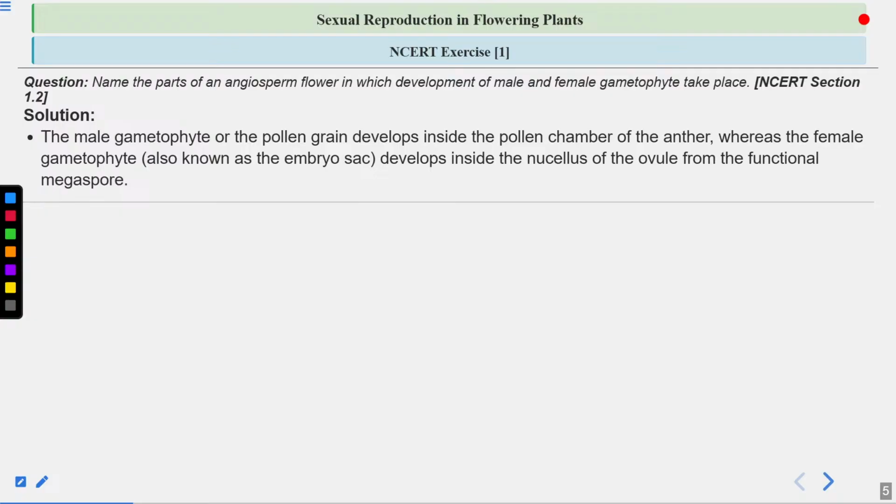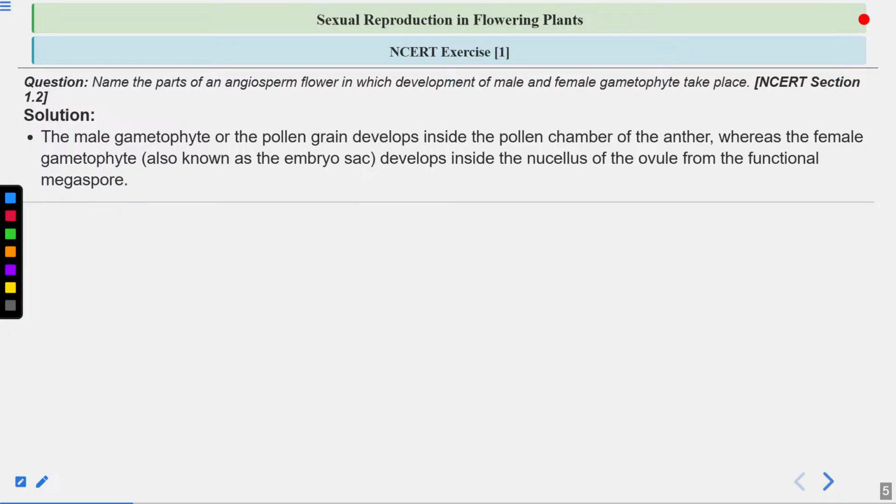The male gametophyte, or the pollen grains. Pollen grains are the male gametophyte, right? Where does it develop? It develops inside the pollen chamber of the anther.